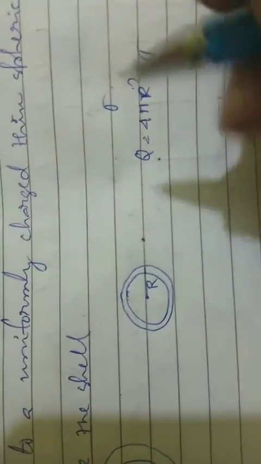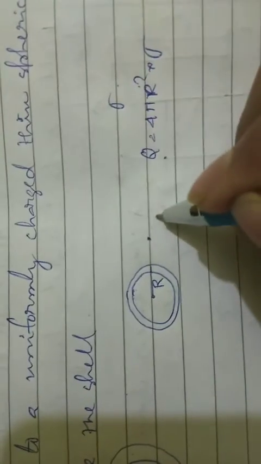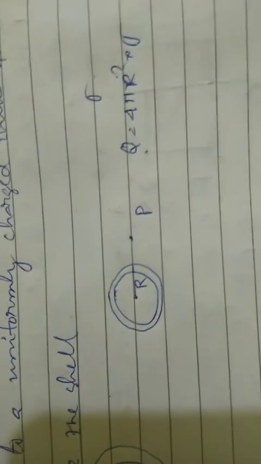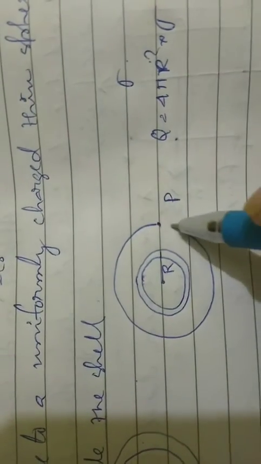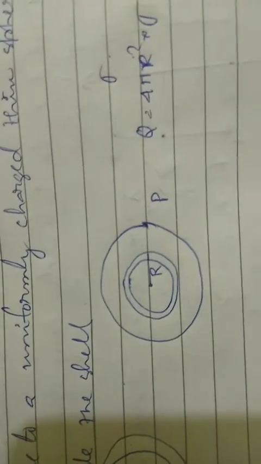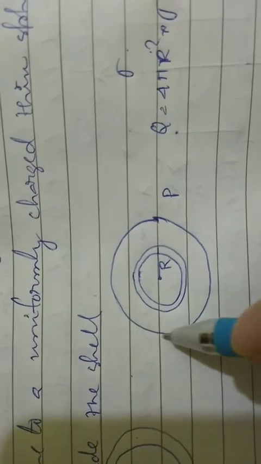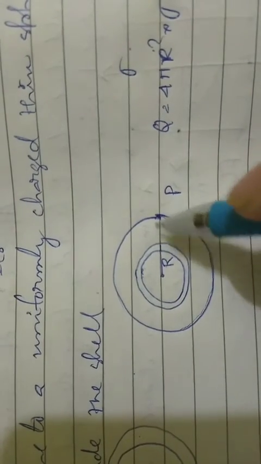Now let us consider a point outside the shell. Say this is P and we have to find the electric field at this point. Now we will consider a Gaussian surface which is essentially a sphere. If you see from the symmetry, at all points on this surface, the magnitude of electric field because of the charge in this thin shell will be same.